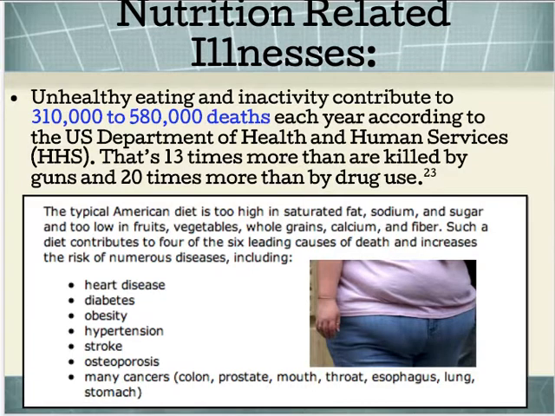Such a diet contributes to four of the six leading causes of death and increases the risk of numerous diseases, including these listed here: heart disease, diabetes, obesity, which we've talked a lot about, hypertension, stroke, osteoporosis from that lack of calcium, and many cancers, including colon, prostate, mouth, throat, esophagus, lung, and stomach.